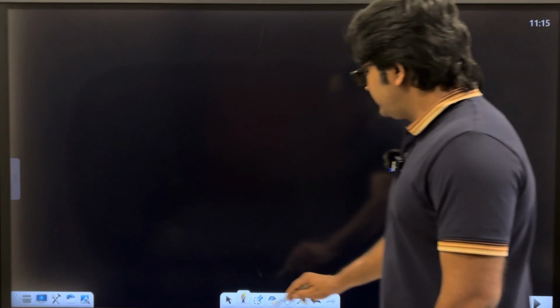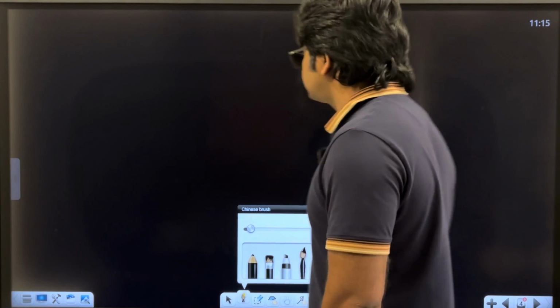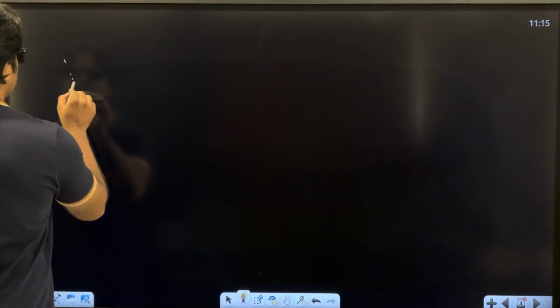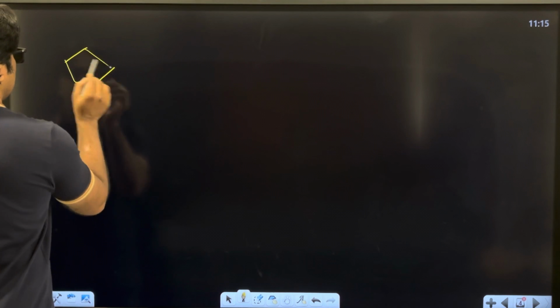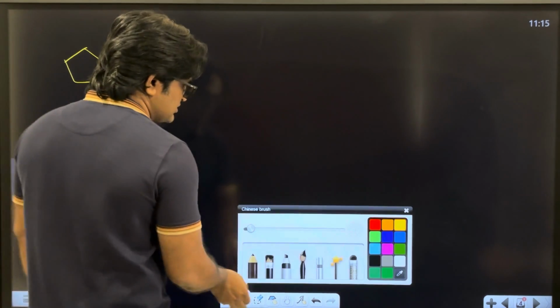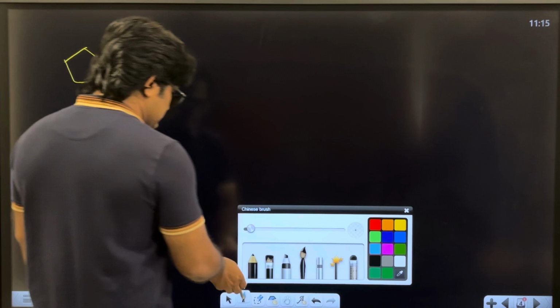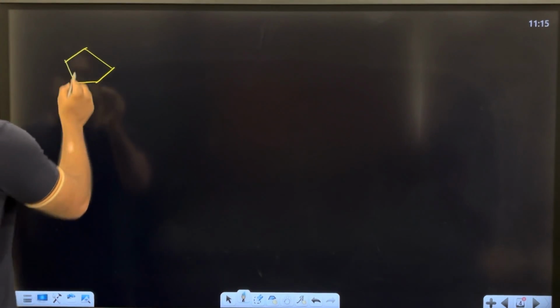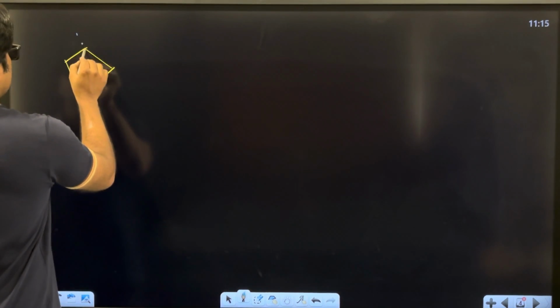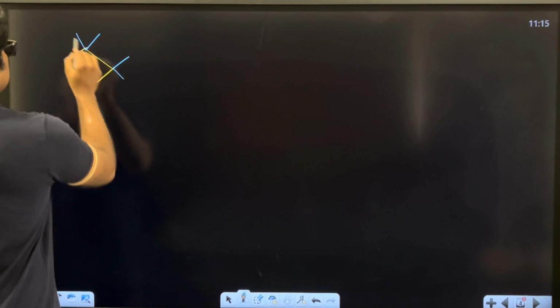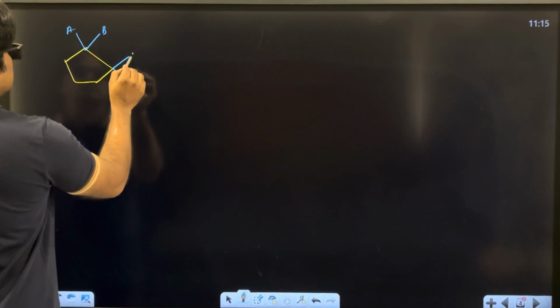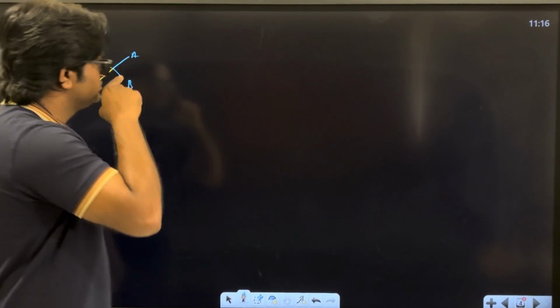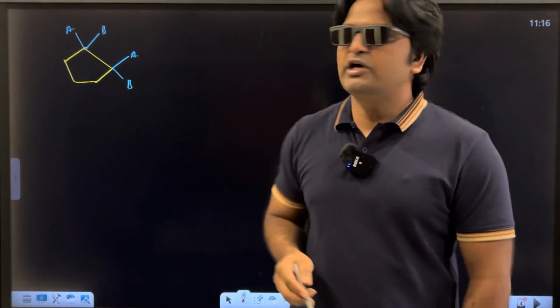For example, now this is our five member ring system. Here 1, 2, 3, 4, 5 carbon atoms are there. At any two carbon atoms, either adjacent or non-adjacent, if you are taking substitution like this, here and there A and B, next one here A and B. What about geometrical isomerism in this molecule?